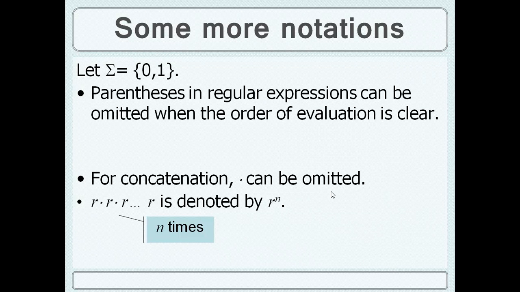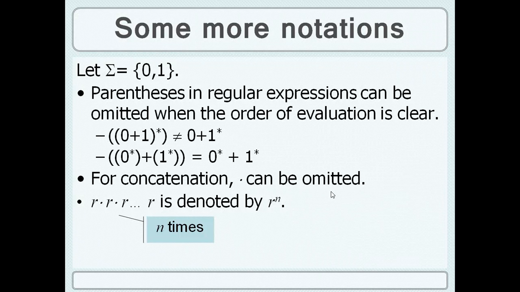That is, r dot r dot r and so on, n times, is denoted by r to the n. And (0 plus 1) star is not equal to 0 plus 1 star, and 0 star plus 1 star is equal to (0 star) plus (1 star), that is, parentheses can be omitted in regular expressions.